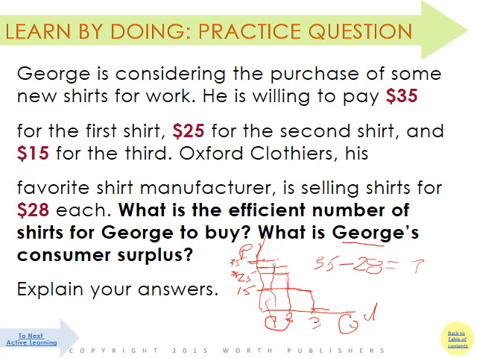He's not going to buy a second shirt because his willingness to pay is less than $28 for the second shirt. And when we look at the demand curve for a representative consumer, we can later on devise pricing strategies that are going to allow us to maximize the revenue that we can derive from our representative consumer.